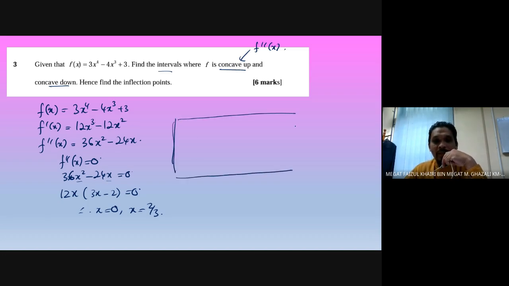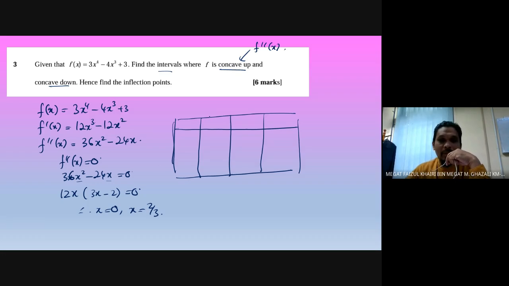So come up with a table here. Recall there's a domain from negative infinity until 0, 0 until 2 over 3, and 2 over 3 to positive infinity.